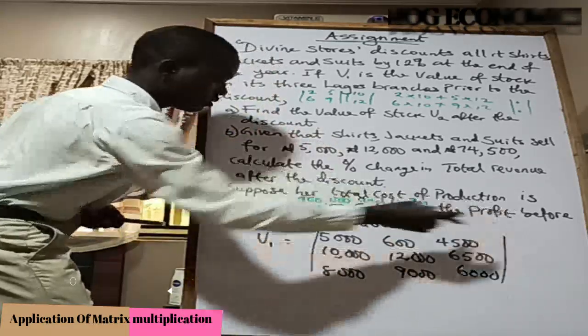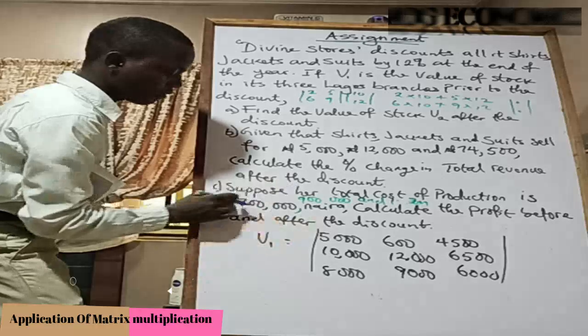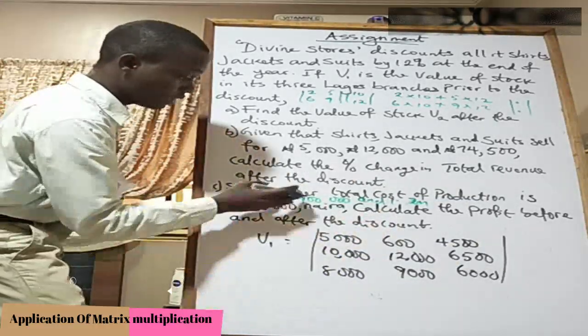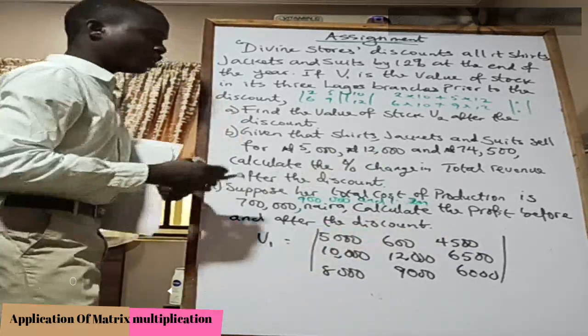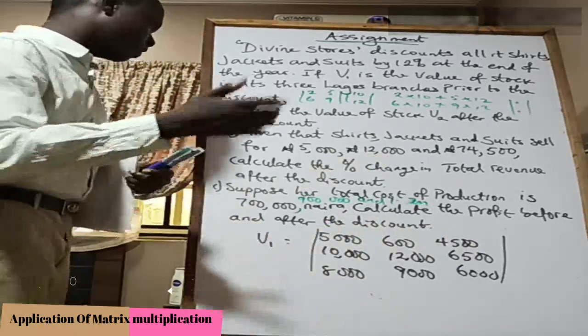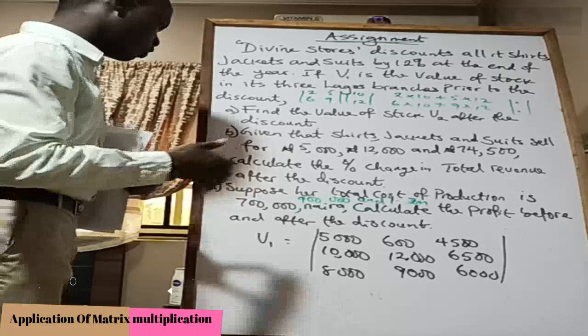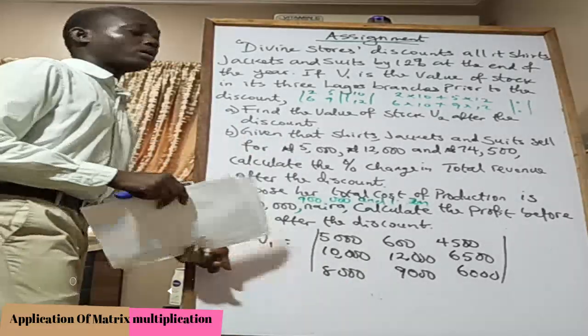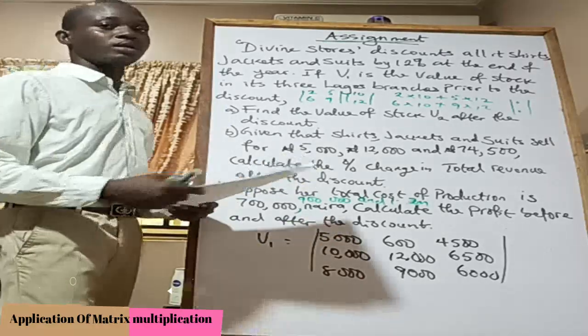So for store one, the total cost is 700,000. For store two, it is 900,000. And for store three, the total cost is 1.2 million. So you calculate the profits. You've been given the prices, so just sit down and enjoy yourself. It's pretty nice stuff.